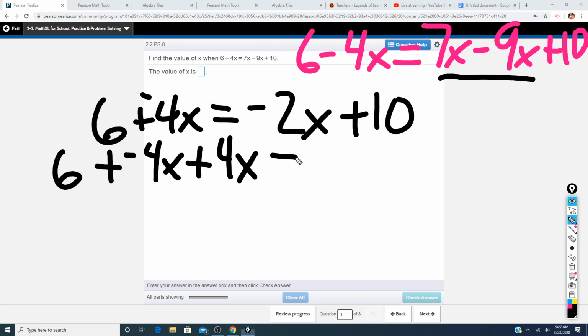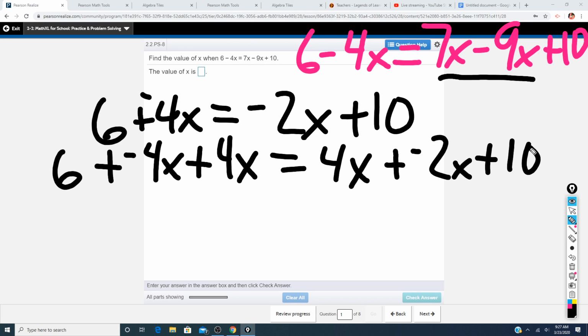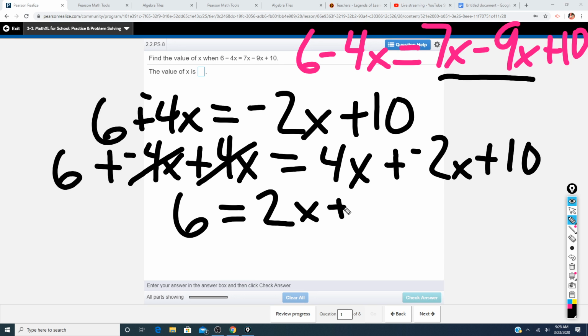We add positive 4x to the other side as well. So in this instance, it's going to be 4x plus negative 2x plus 10. The 4x's are going to cancel, leaving us with a 6. 4x plus negative 2x is 2x plus 10. So 6 equals 2x plus 10.